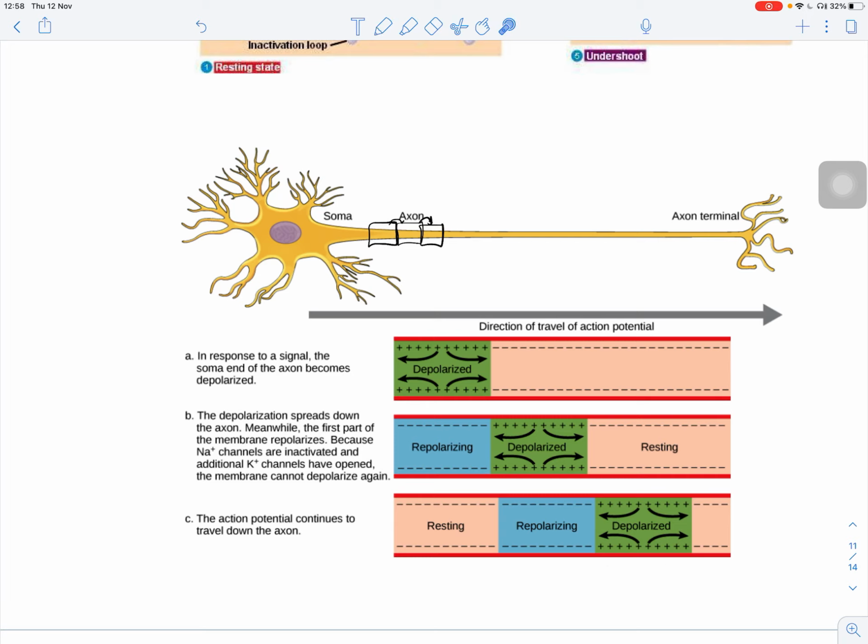Sodium ions here leak over to the next section, which leads to depolarization, and then the sodium ions there leak over to the next section. So it goes almost in a wave, but as it moves, notice things are repolarizing, and sections of that axon are going back to a resting potential.